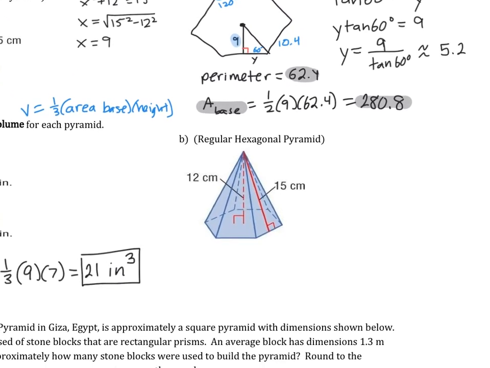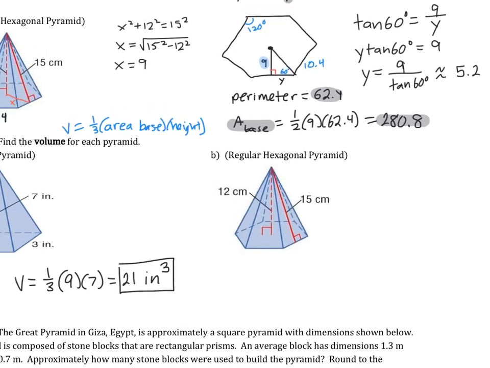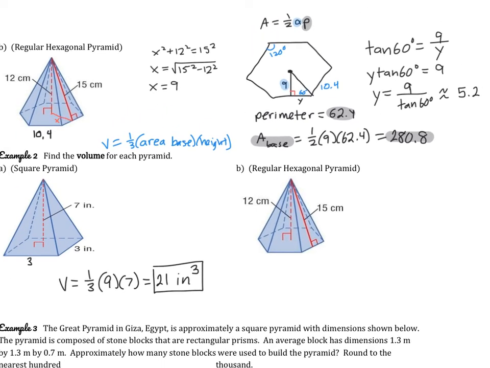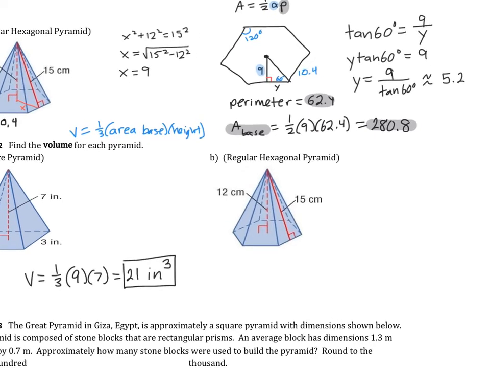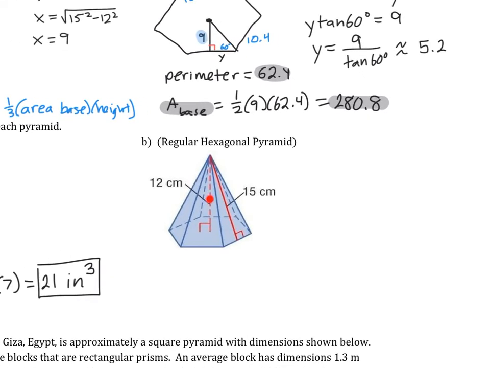Okay, and now let's look at the second part. Here, this is actually the same image that we had here. So luckily, we already know the area of the base for this one, and we are given the height. So we have everything we need to find this volume. 1/3 times the area of the base, which was 280.8, times the height, which is 12.